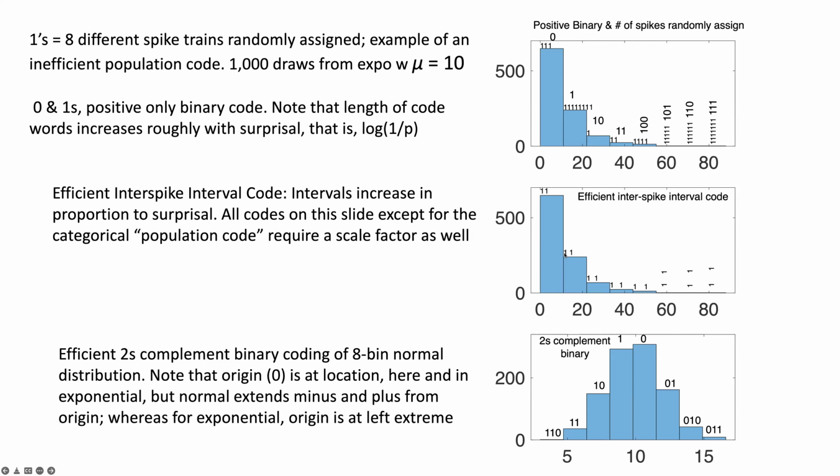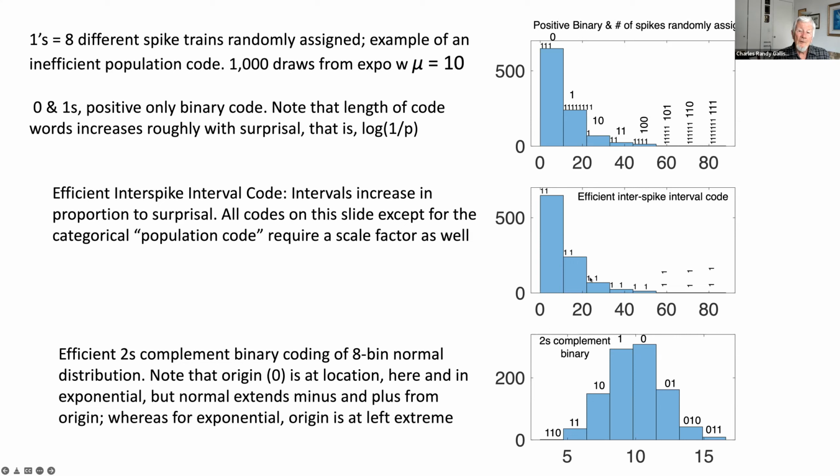And what they conclude is that it's using an inter-spike interval code. They even calculate how many bits it's transmitting per spike, and they conclude that it's transmitting something like 3 bits per spike, right? Which is the kind of efficiency that you get when you use an inter-spike interval code.